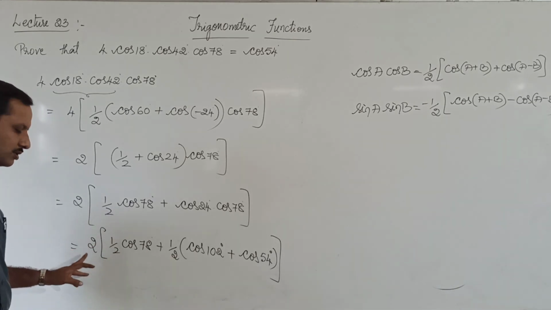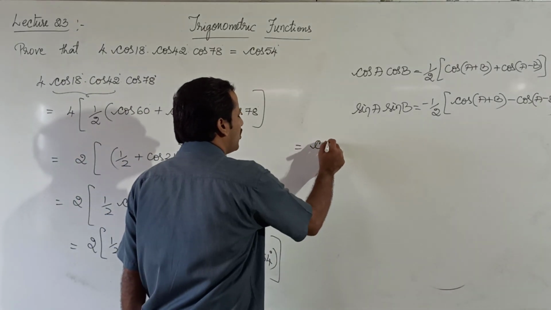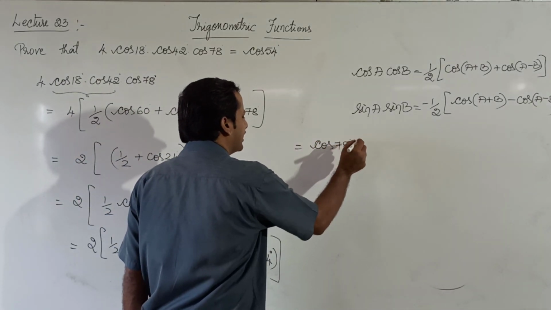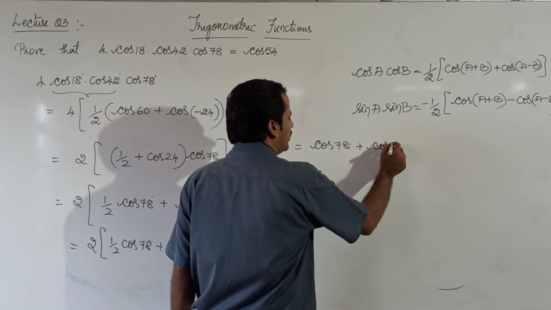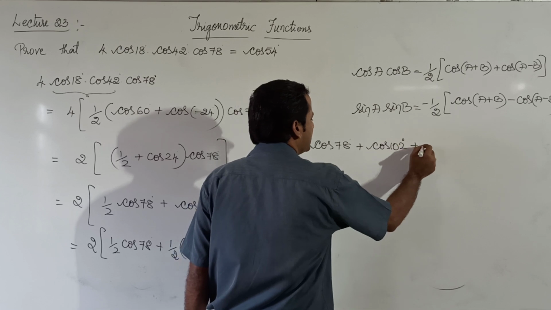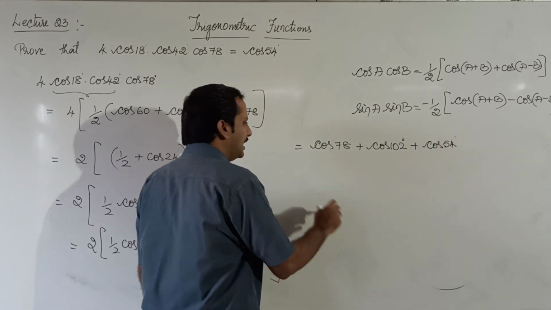So 1 by 2 I will bring outside, that gets cancelled with this 2. So we have cos 78 degree plus cos 102 degree plus cos 54 degree.